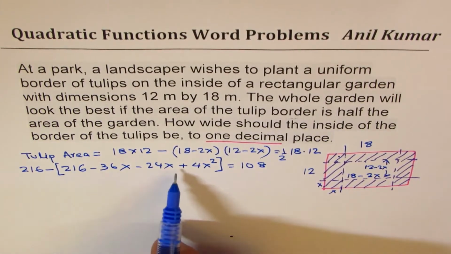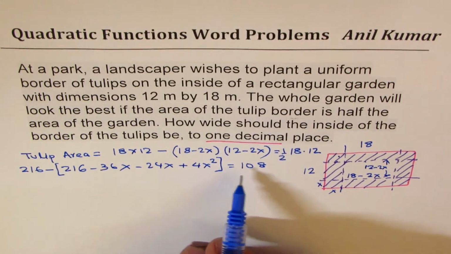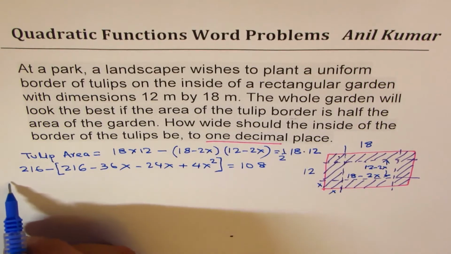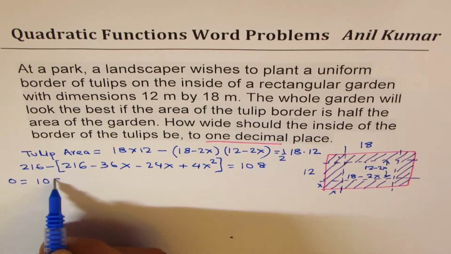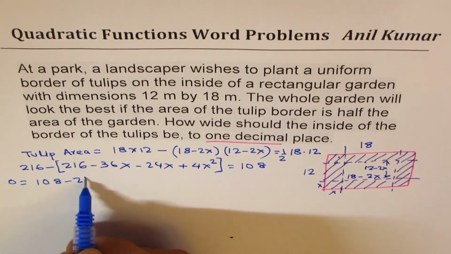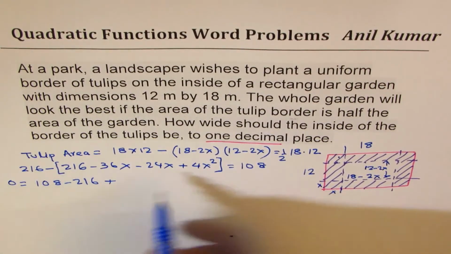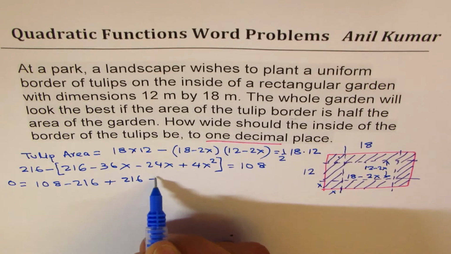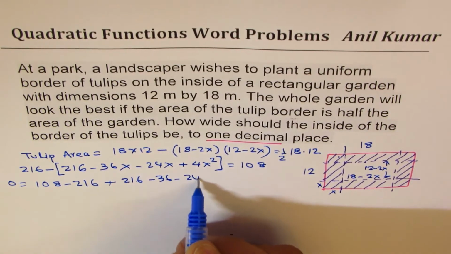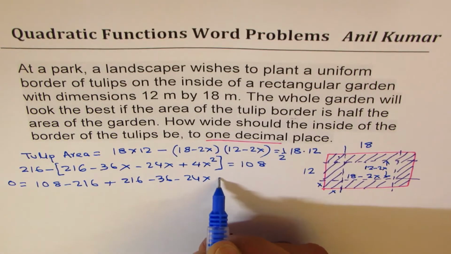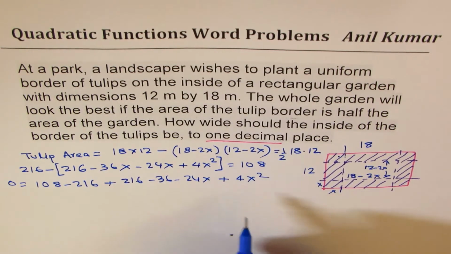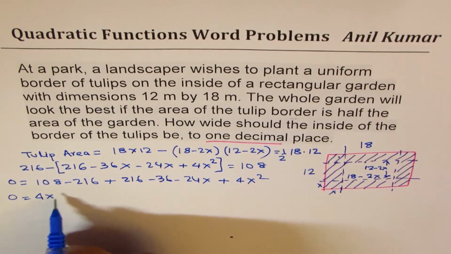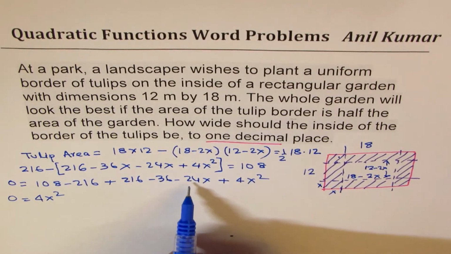Now we can bring all these terms to the right side and then solve. So we have 108. So let's say 0 equals to 108 minus 216 plus all this, which is 216. Then we have minus 36x minus 24x plus 4x square. Let's rearrange. So we have 0 equals to 4x square, x terms.